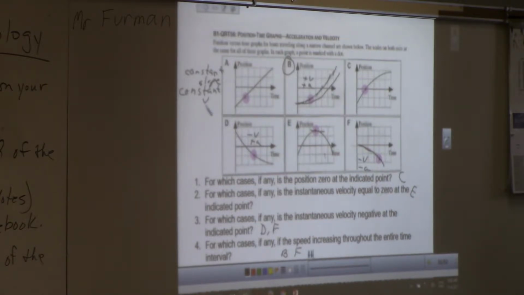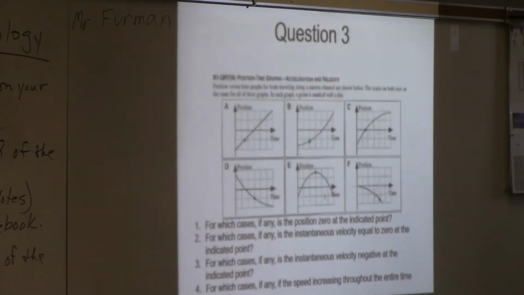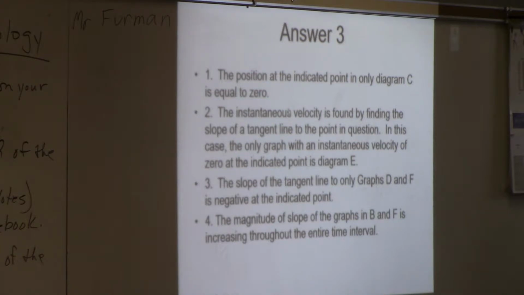All right. So, as I alluded to earlier, getting acceleration from a displacement graph is one of the more complicated or more confusing tasks. So there are the explanations C, E. The last one says the magnitude of the slope is increasing.